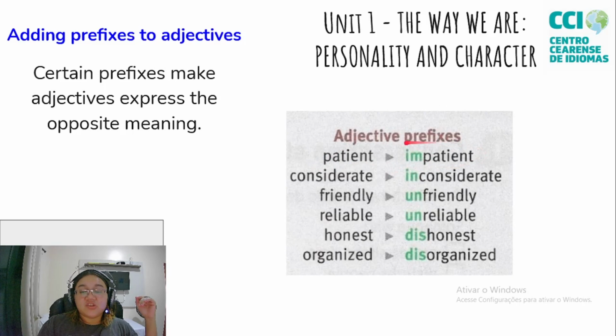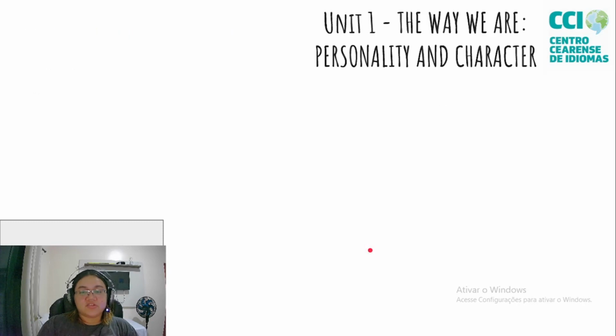An impatient person is very different from a patient person. So considerate, inconsiderate, friendly, unfriendly, reliable, unreliable, honest, dishonest, organized, disorganized. So they are complete opposites, right? Each one of these adjectives.